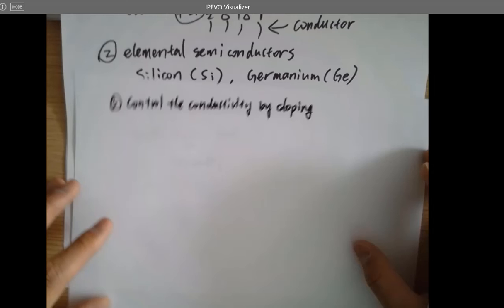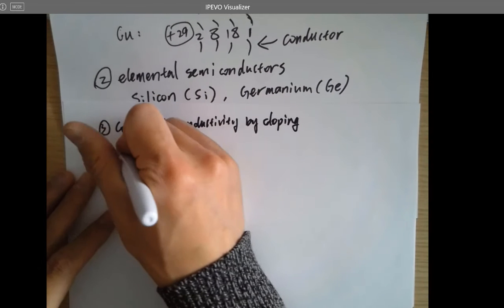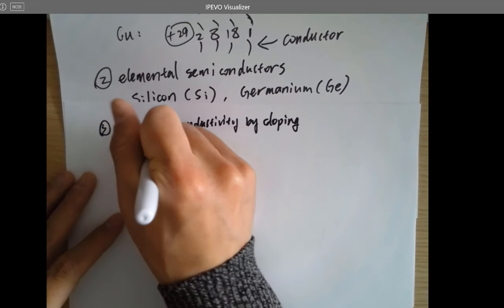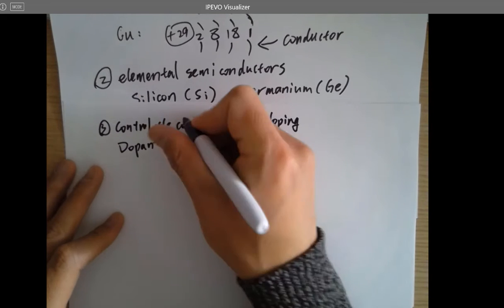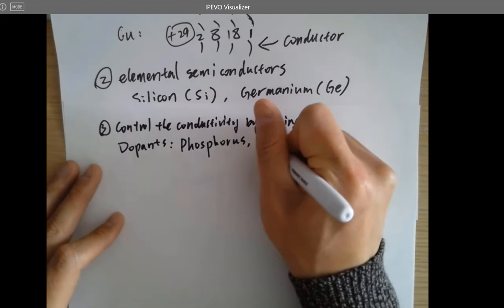So what are the 2 main dopants available? Phosphorus and boron.